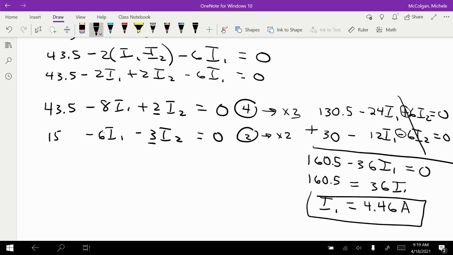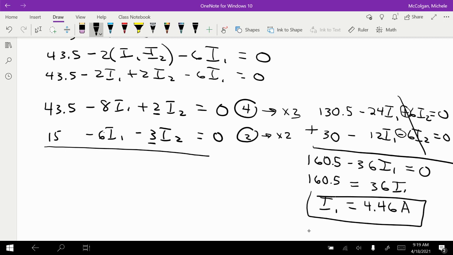So now for I2, I can go back to one of these equations. Let's plug into equation 2. Let's use this equation right here. I'm going to plug in I1, and then I can solve for I2. Let's get I2 alone here.